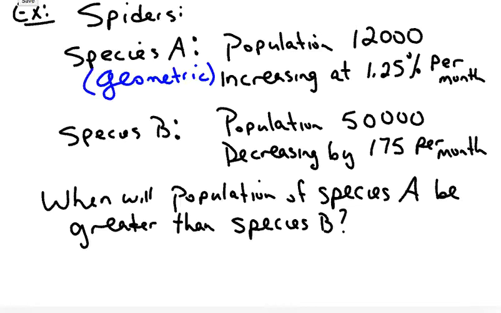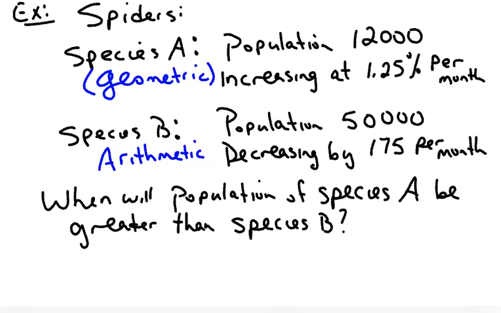Species B starts out as 50,000 and decreases by 175 spiders per month. So this is arithmetic. It goes down by a common difference. When will the population of species A be greater than species B? So there's our question that we're trying to figure out.